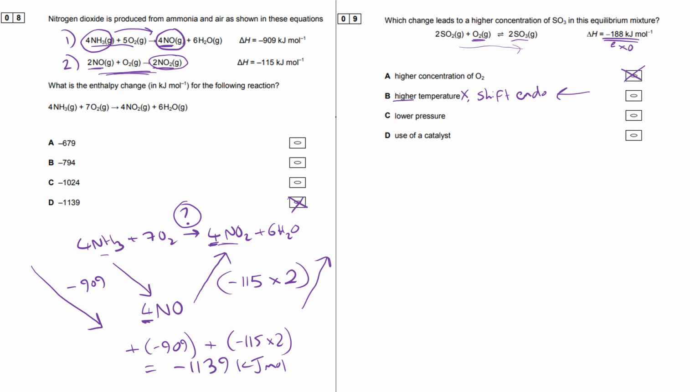Statement C, if you have a lower pressure, it is going to shift to the side with more moles of gas. You've got 2 moles on the right, you've got 3 moles on the left. So that would make less SO3 as equilibrium shifts to the left. Hopefully you're aware, use of a catalyst has no effect on the position of equilibrium, so that would not affect the yield.